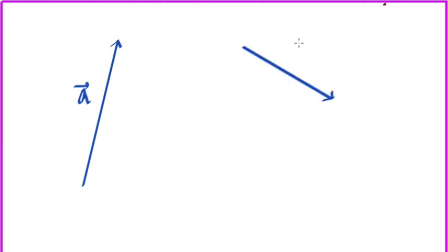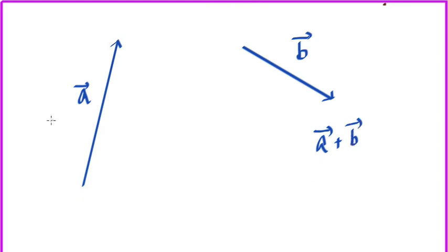I will call this vector B. Now, I want to emphasize one important point: whether we have velocity, which is a vector, or accelerations, forces, which are vectors, or displacements, when it comes to adding vectors, we perform exactly the same thing that we do with displacements. So let's continue with displacements for now. So this is vector A and this is vector B, and we are told to find A plus B.